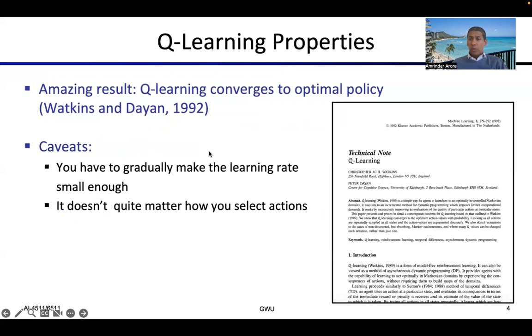One of the best things about Q-learning is, due to a remarkable result from 1992, that it does converge to an optimal policy. You do have to make the learning rate small enough. It doesn't quite matter how you select actions as long as you explore enough.